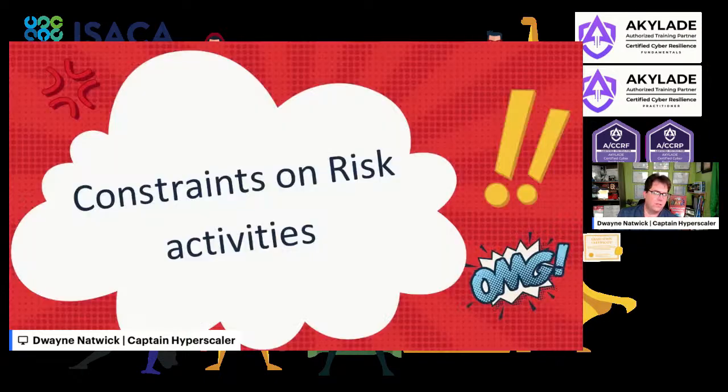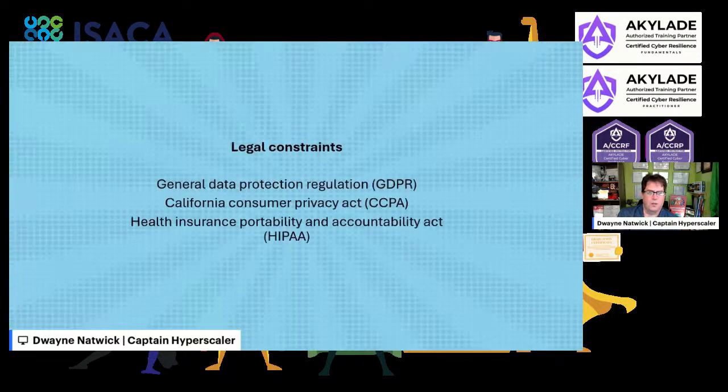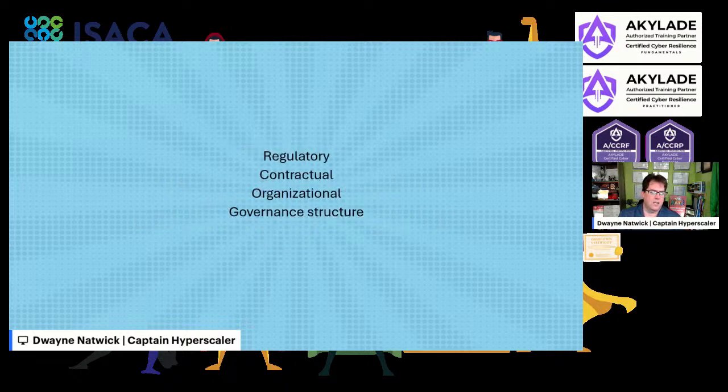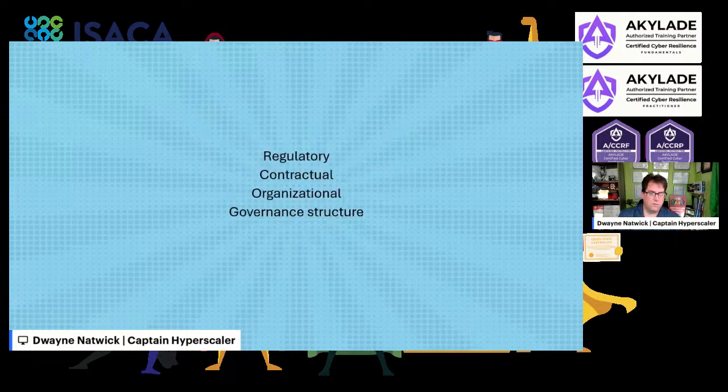So, what are some of the constraints and some of the things that we want to think about financially? We have SOC 1, we have various legal constraints like GDPR, the various protection and privacy constraints. We have various regulatory, like industry standard constraints, regulatory, contractual, and governance structure we may have.